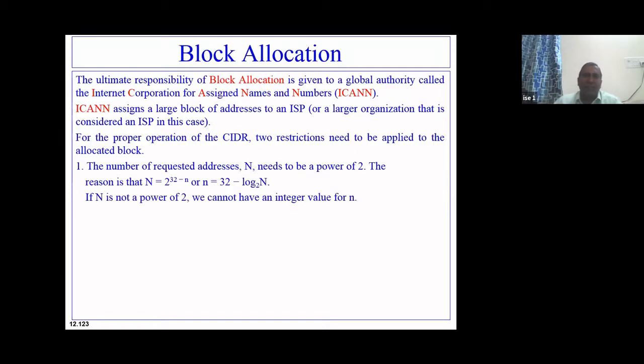The first restriction concerns the number of requested addresses, capital N. The ISP requests a number of addresses.